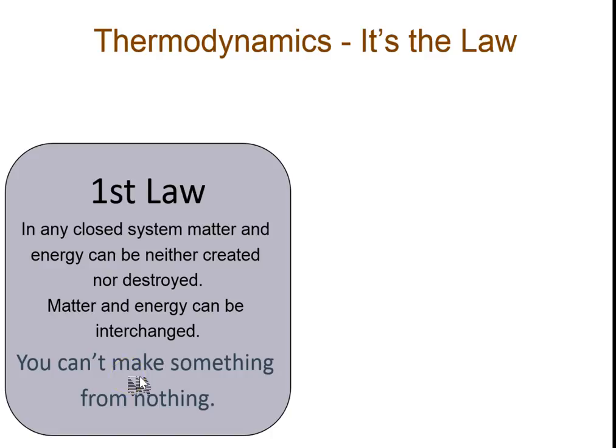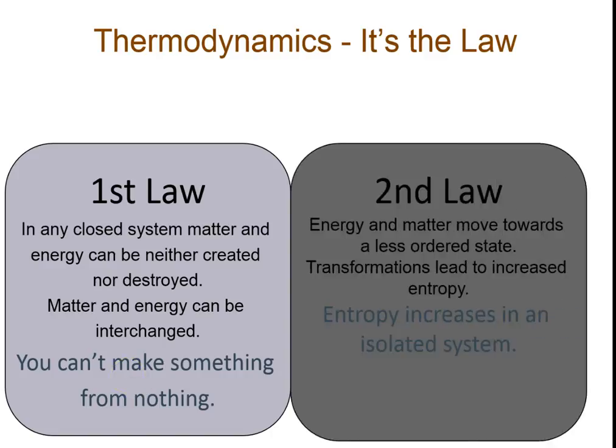You've got to work with what you have. And secondly, these closed systems tend to go from an orderly state to a disorderly state. And these two laws kind of say something about future growth, meaning future growth cannot be sustained at a very high level because of the fact that we live in a closed system.